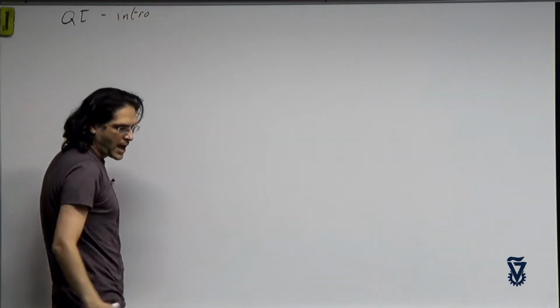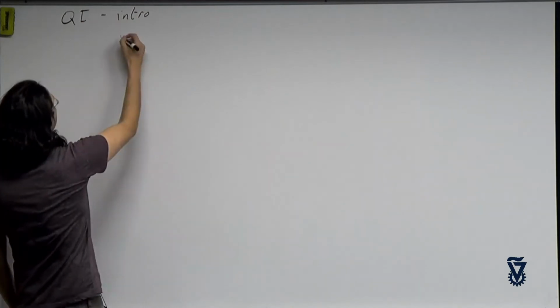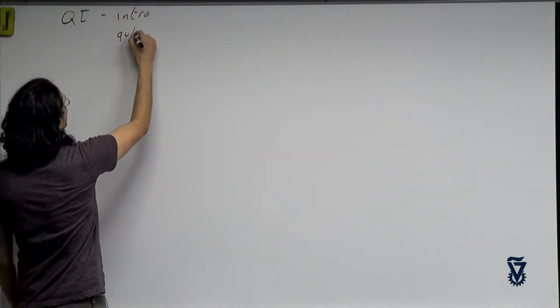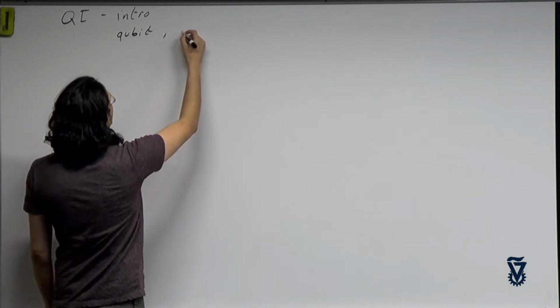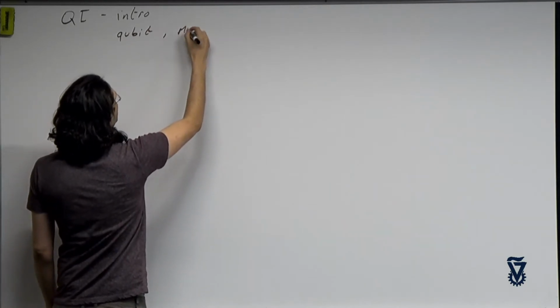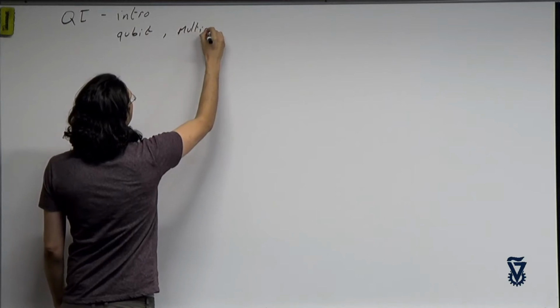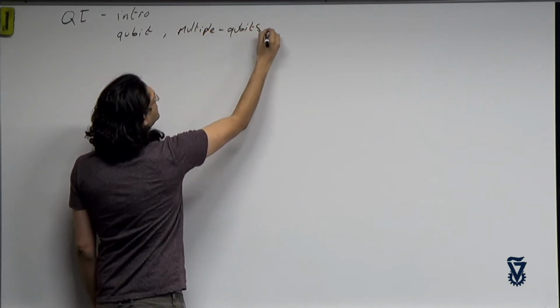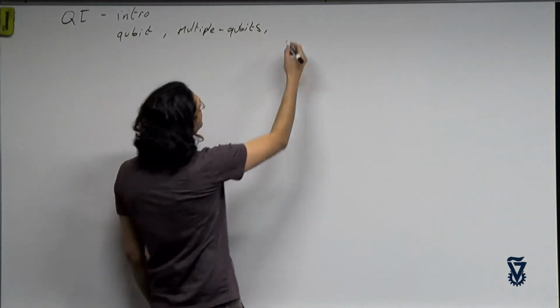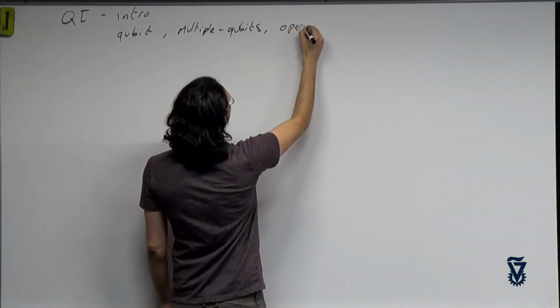And what we're going to do today is, basically, we're going to start looking at what is a qubit. We did that last time. Multiple qubits. We're going to look at operations.